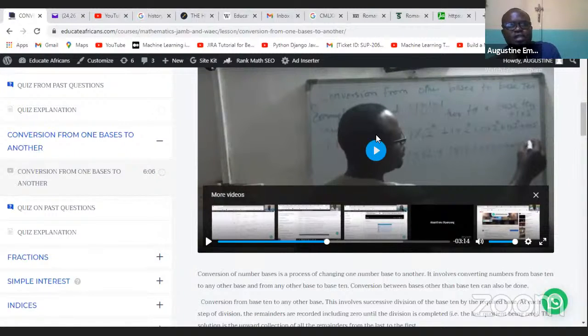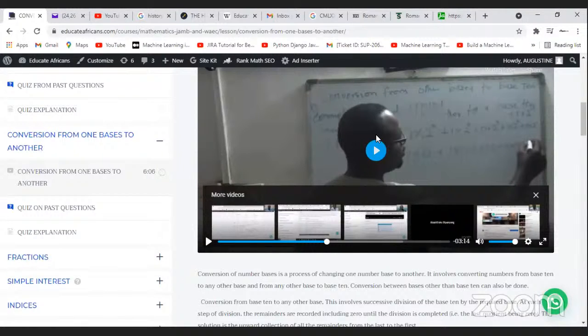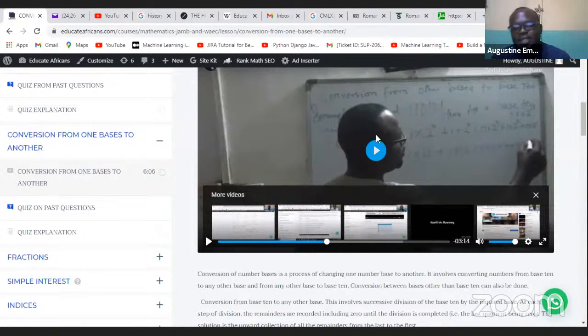But when you want to reverse the conversion, then you use successive division. So we are converting to base 10, that's why we are using power expansion. If you're converting from base 10 to other bases, then use successive division. So it's very important that you know this.